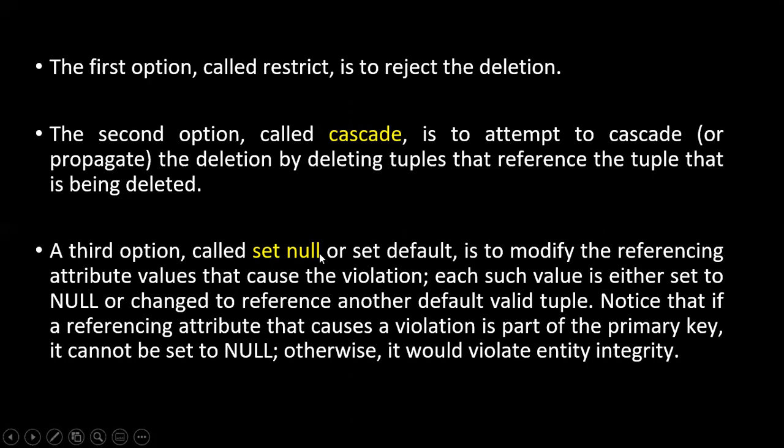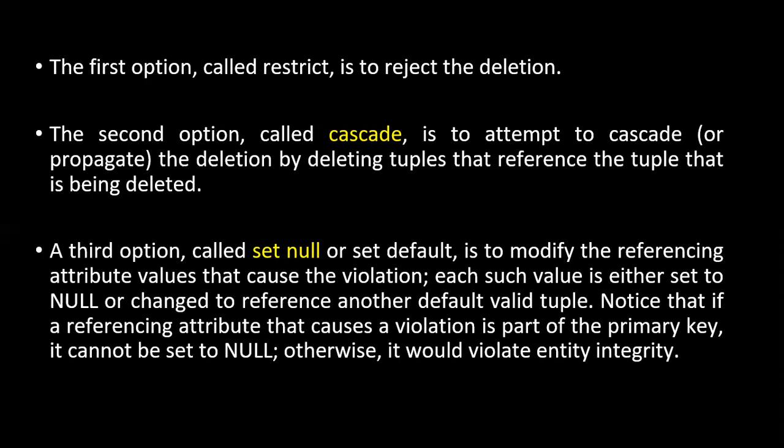So while deleting a tuple, if it has violated the condition, there are three options. One, we can reject the deletion, or we can set it to cascade, or we can set it to null. Cascade means that wherever we have referencing tuples in other tables, in all other tables, that referencing tuple should be deleted.